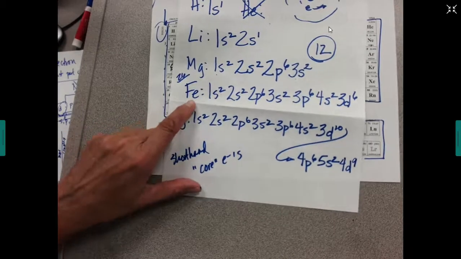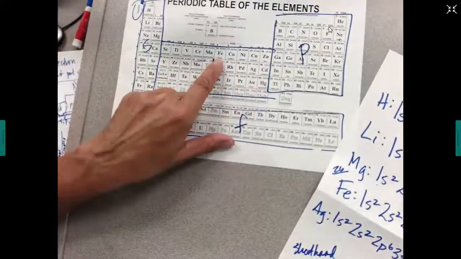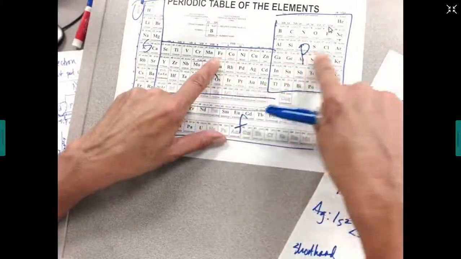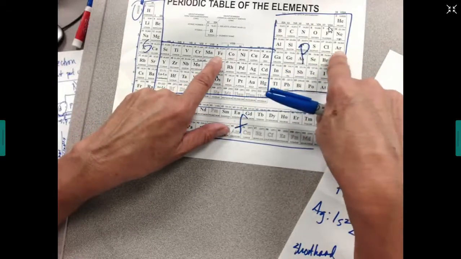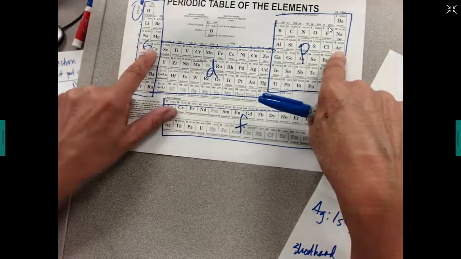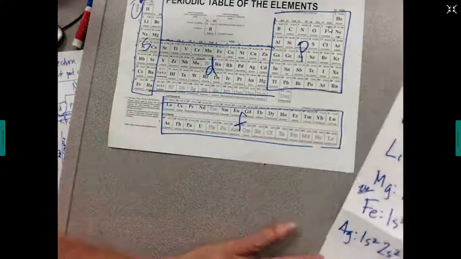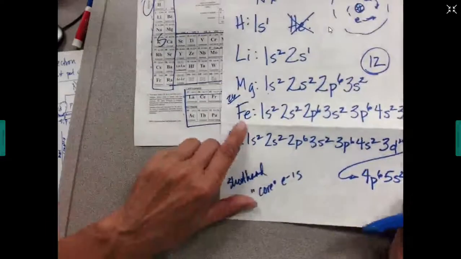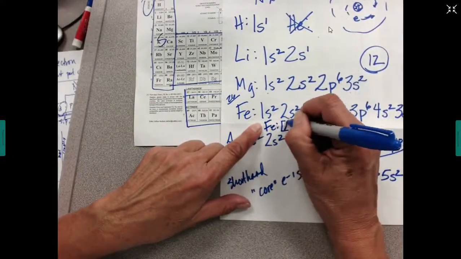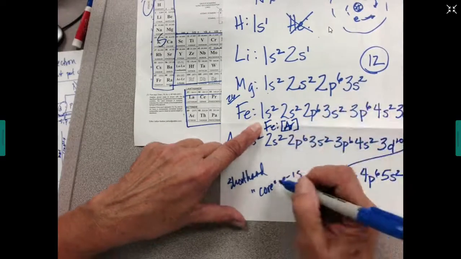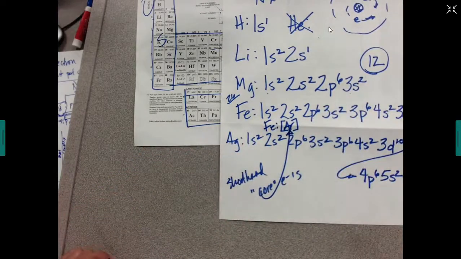So if we look at iron, iron is here on the periodic table. The noble gas directly preceding iron is argon. So we can say iron is the same as argon, except with 4s2 and 3d electrons added to it. So if we want to abbreviate iron's electron configuration, we can write Fe, and we simply put argon in square brackets, and that's how we designate the core electrons, right?